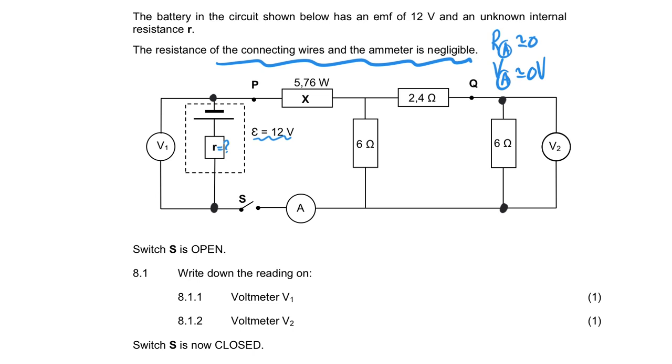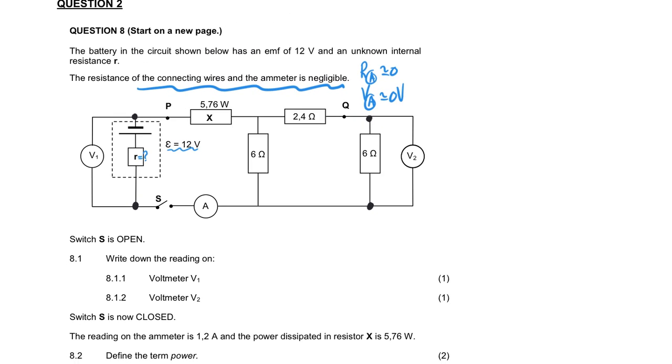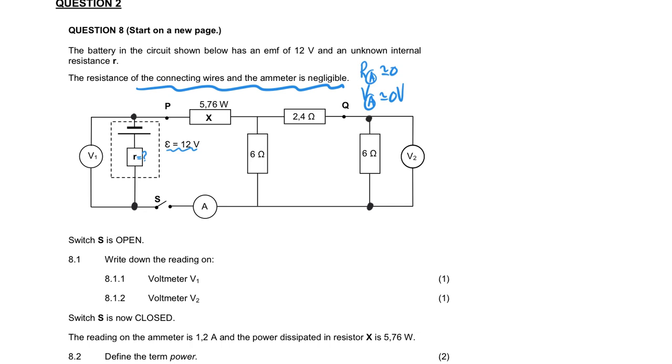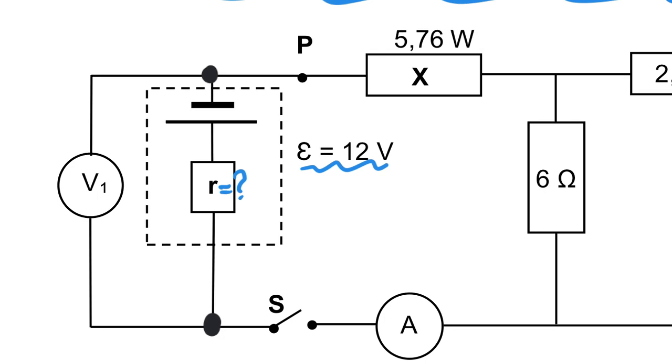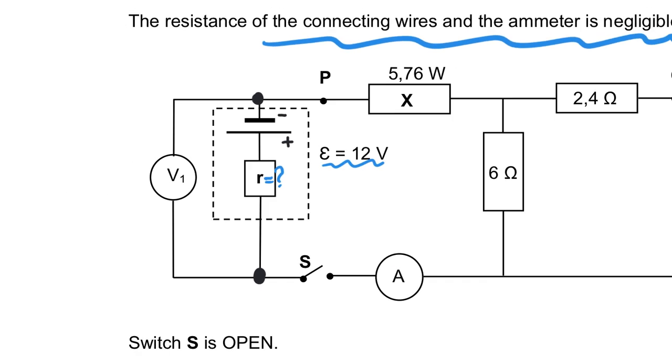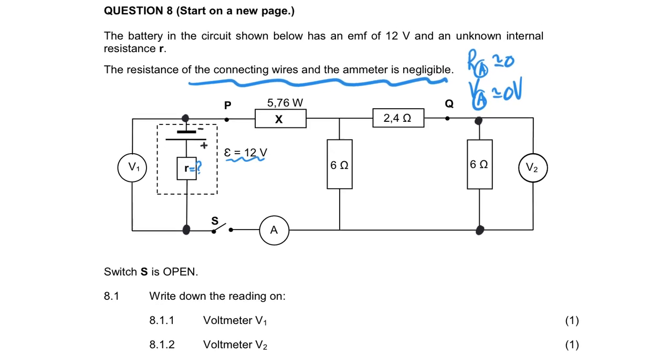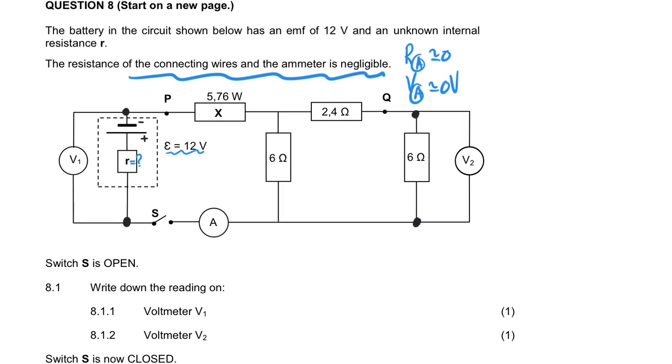So looking here, I'm going to redraw it, starting with the battery. If you note here, they have put the positive terminal at the bottom and the negative terminal at the top. Now, generally speaking, when we use Rails format, we do it the other way around.